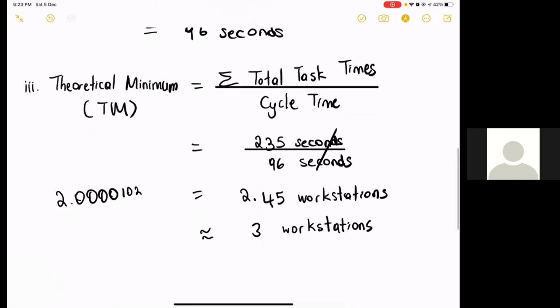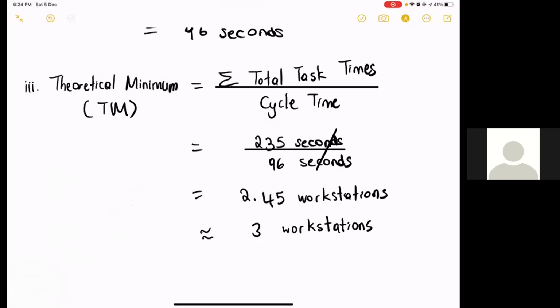2.0000102. If we got that for theoretical minimum, people, then we would always round up, because we can't have a piece of a workstation. Imagine that the workstation is a circle. We can't have a piece of our workstation. It's not functional. All right, so that's it.